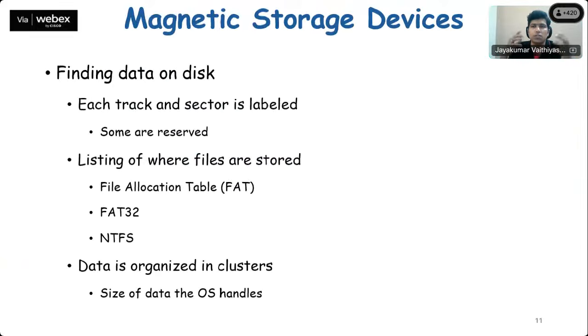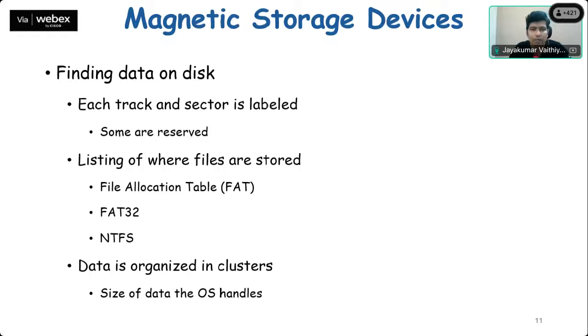Okay. So once you're able to store your data in an organized way, then after some point of time, if you want to retrieve your data, you need to find your data over the disk. That is why each and every track and sector needs to be labeled. If all these tracks and sectors are labeled and properly organized, some partition you are able to reserve for a special purpose.